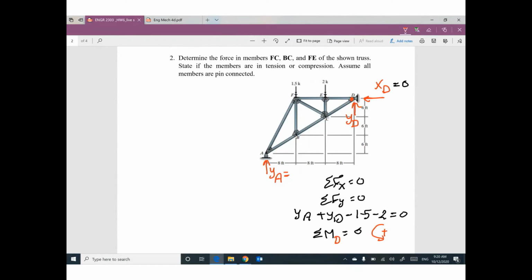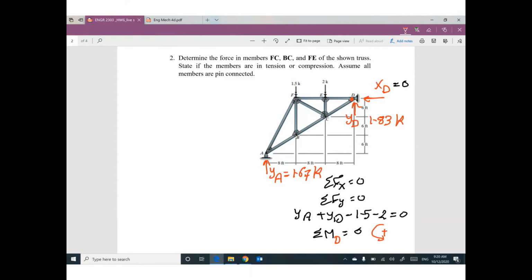So 2 times 8 plus 1.5 times 16, divided by 24. This reaction will be 1.67. Minus 1.5 minus 2. This reaction will be 1.83.